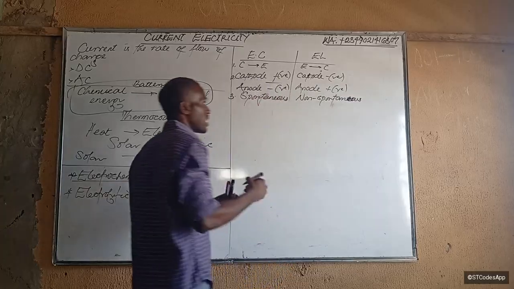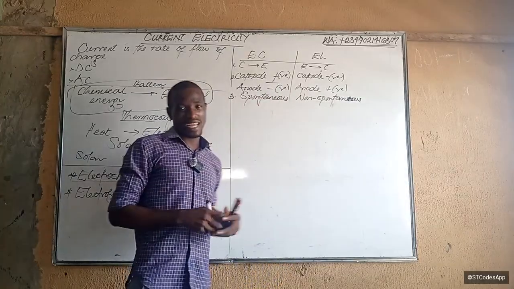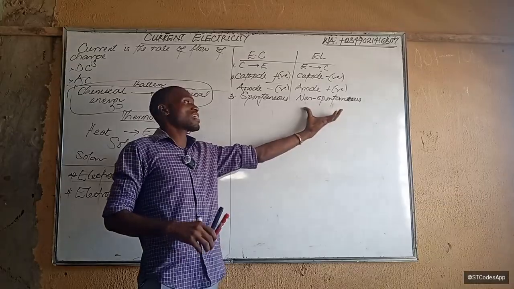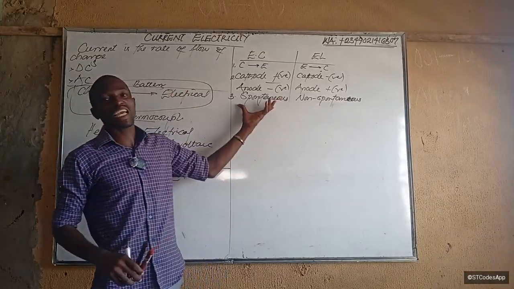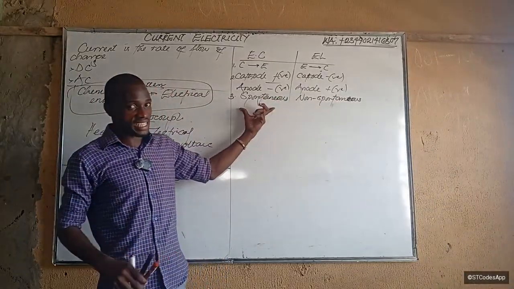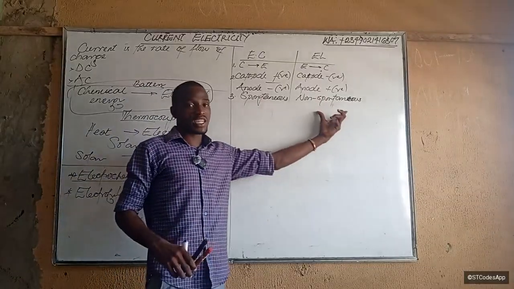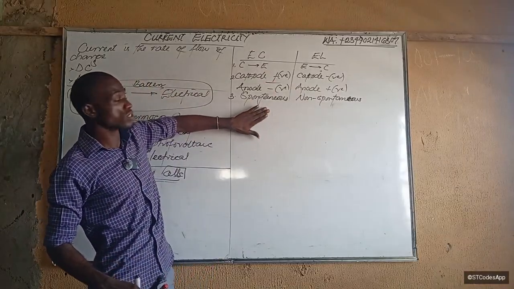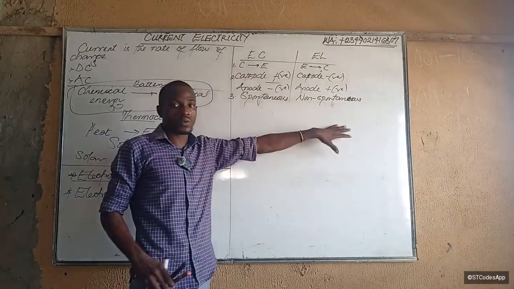There is also Gibbs free energy here, but that is by the way. Just know that Gibbs free energy here is negative, and Gibbs free energy here is positive. For which reason this one is spontaneous, this one is non-spontaneous.